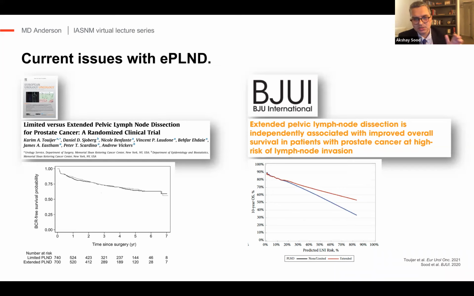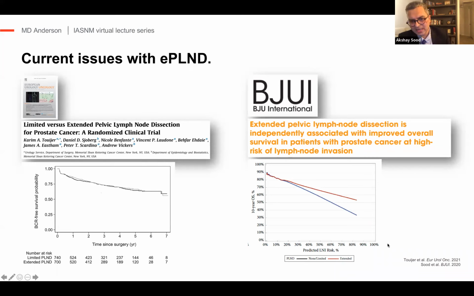So we thought that maybe the benefit of extended lymph node dissection does not exist for low risk, intermediate, and maybe unfavorable intermediate risk patients. It only exists for patients who are high risk because they have a higher chance of disease being in the lymph nodes. And the more extensive dissection you do, the more chance you have of cleaning them out and reducing, if not all the disease, at least the overall burden of the disease in the patient.